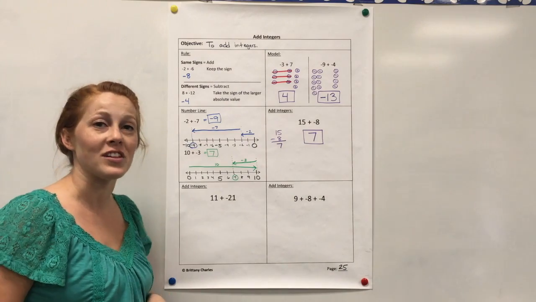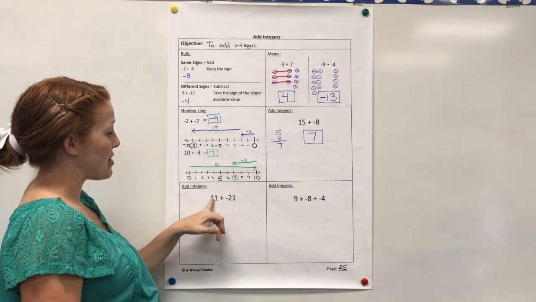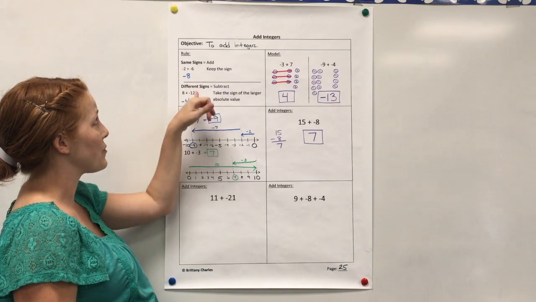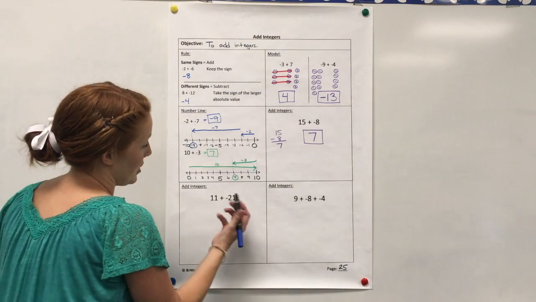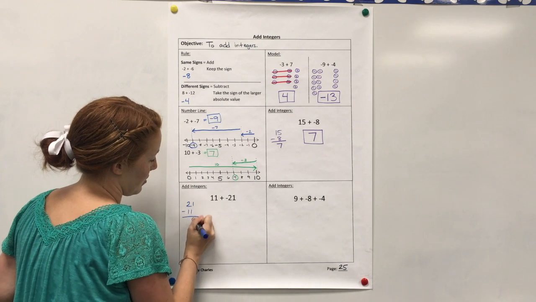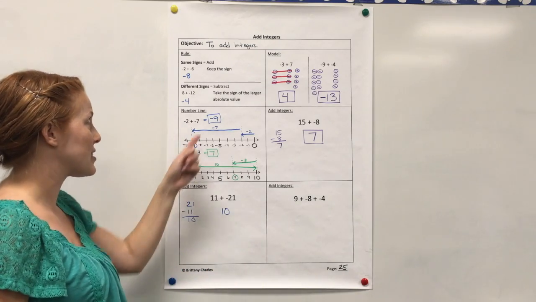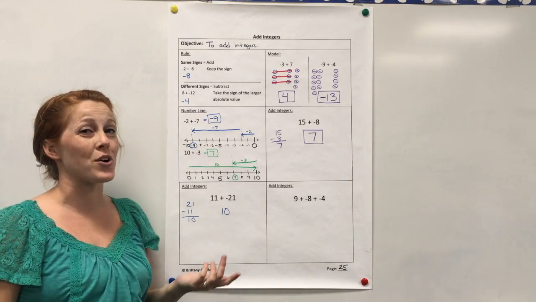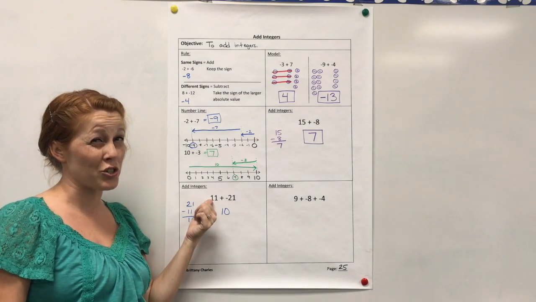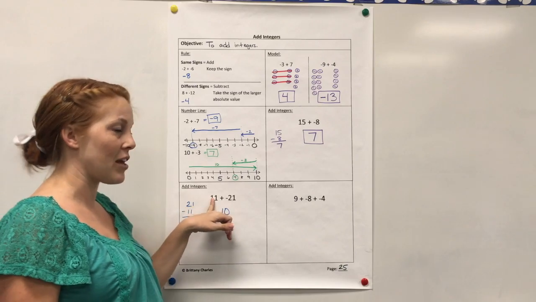All right, now that you've done the last two, I'm going to again use the rule. These are different signs, subtract. So 21 minus 11 is 10. Now, it says to take the sign of the larger. Just remember, I know 11 is larger in value, but it's the larger absolute value. The absolute value of 11 is 11.